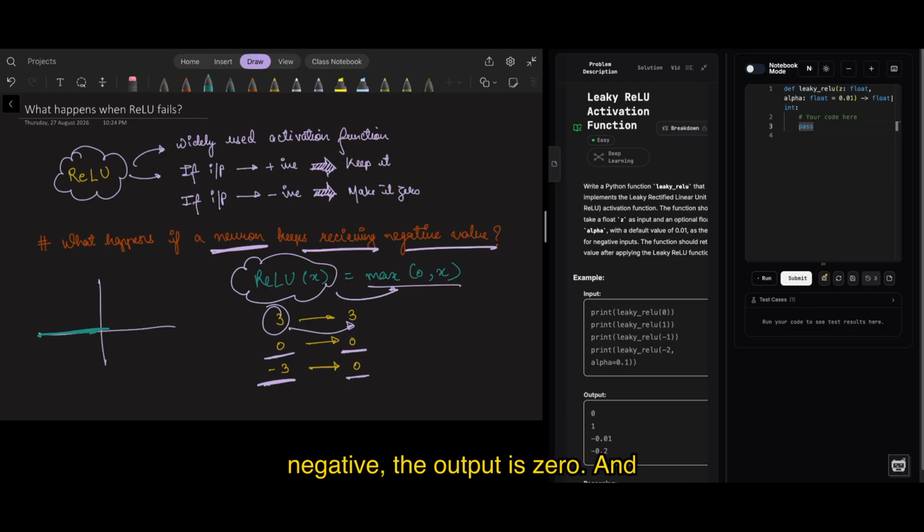For negative inputs the output is 0, and for positive inputs it is as it is. So on the positive side, ReLU behaves like the identity function, and on the negative side, it completely flattens out and the output is 0. And this flat region is where the problem begins.